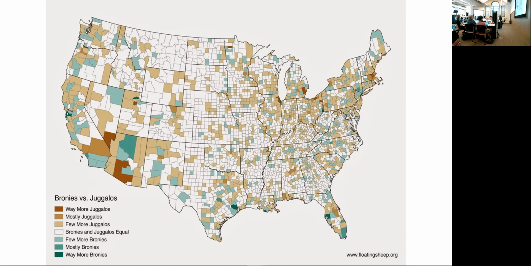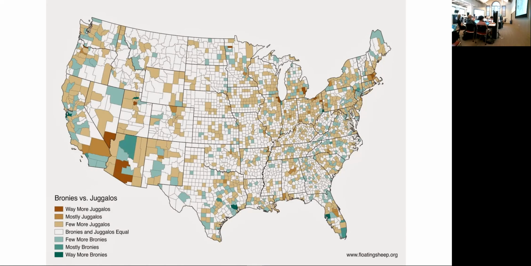What this map is showing is, in theory, a geographic pattern of areas where bronies and juggalos are. It appears that in the eastern United States there are maybe more juggalos, but not as many bronies. I'm not totally sure. What's the issue in terms of the map design elements we've talked about with this map? Yeah, Ryan. Yeah, totally, because it's showing how big the counties are, but it's not actually showing the population.